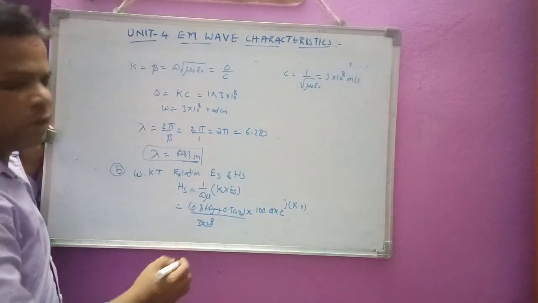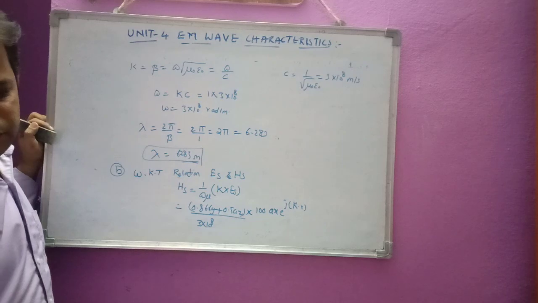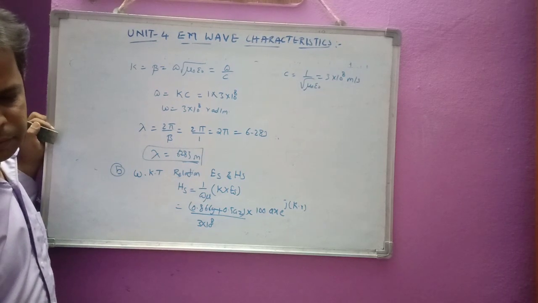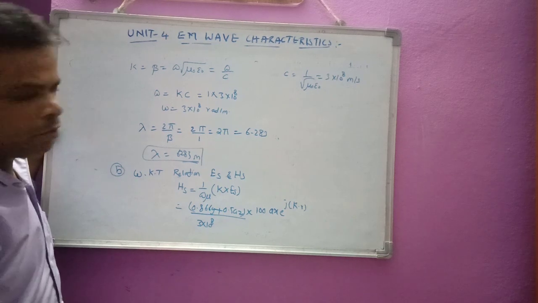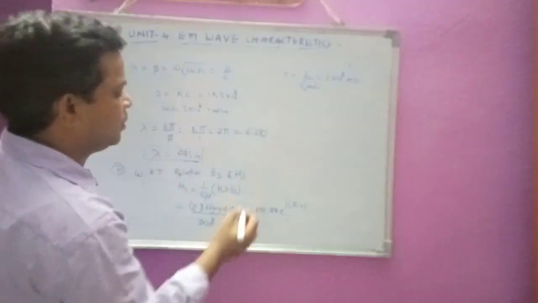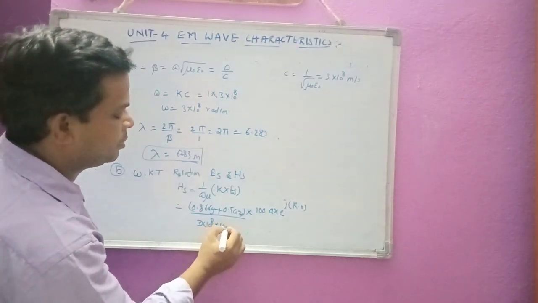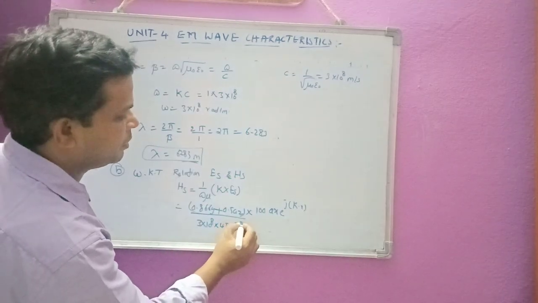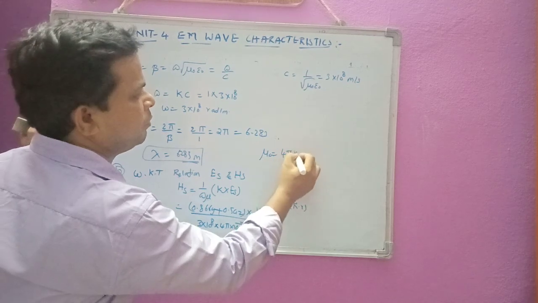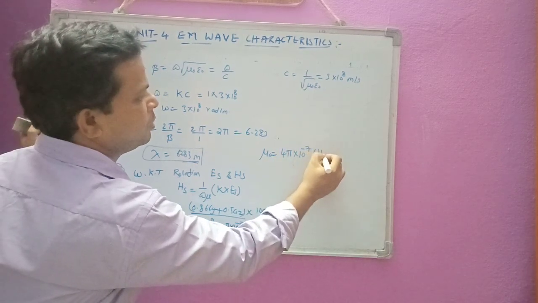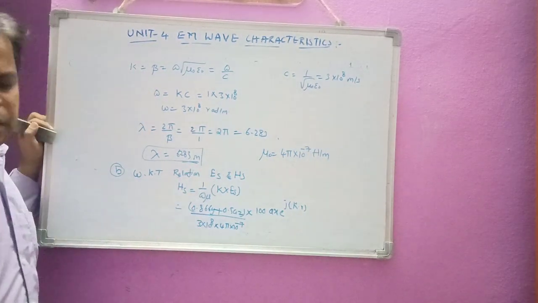Mu is equal to mu naught here, because it is free space, and mu naught is 4 pi into 10 power of minus 7 Henry per meter. We know this value.